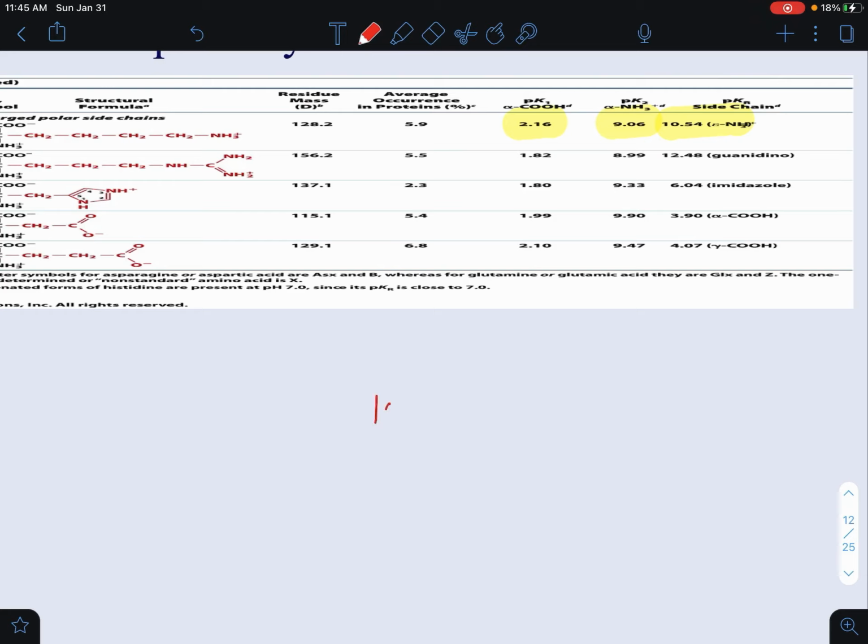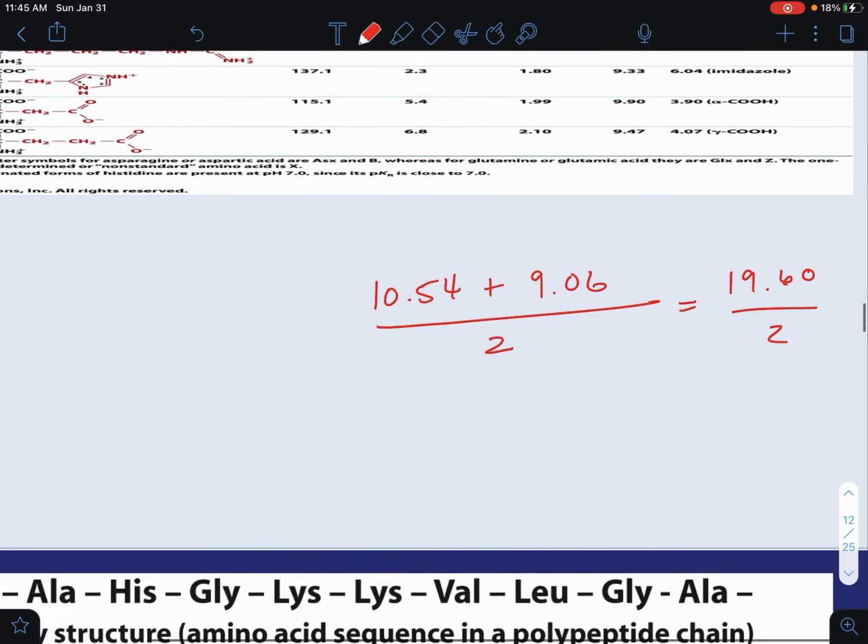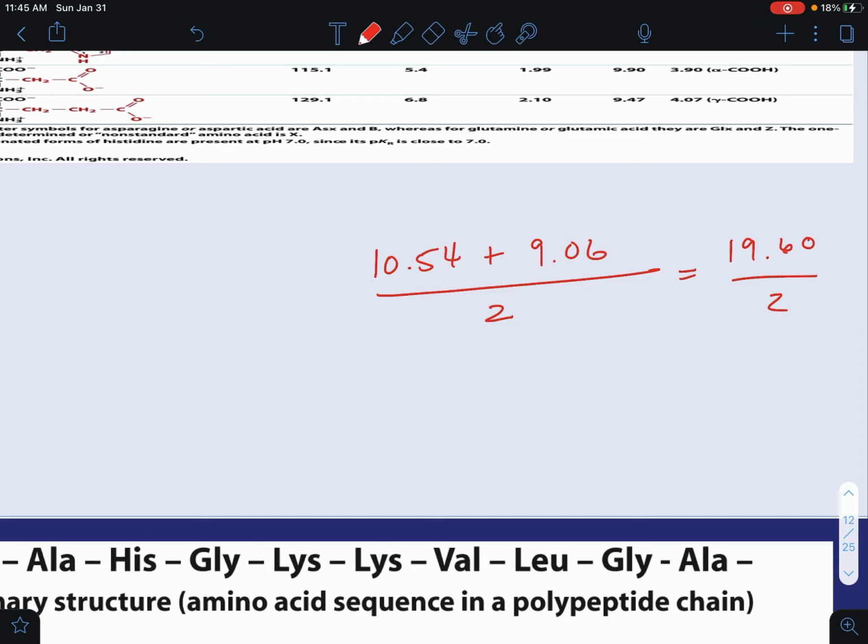That means 10.54 plus 9.06 divided by 2. Just for the sake of time, that's 19.60 divided by 2, and you can tell I am not good at math. So this is going to be about 9.8 for the PI.